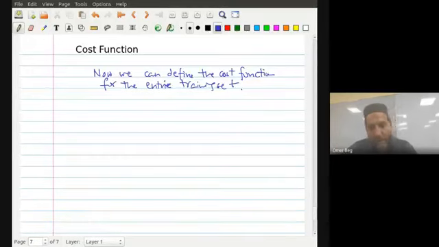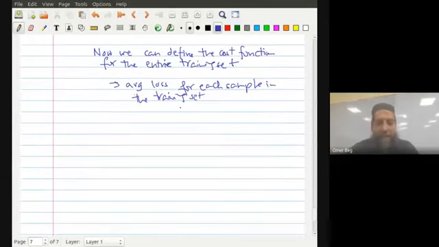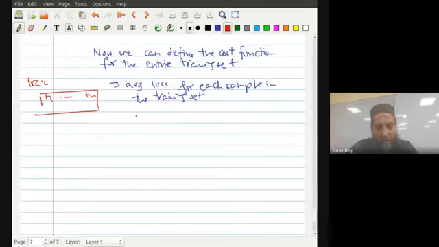This would be the average loss for each sample in the training set. Average means that because we have n samples, T1 all the way to n, we would be dividing the cross entropy loss by n.